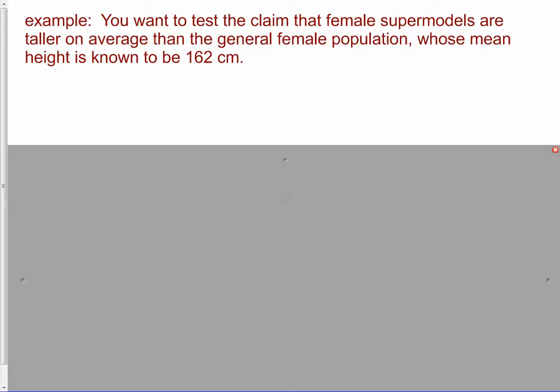Right, so the null hypothesis would be that the mean for supermodels, so mu here is the mean for supermodel heights, is 162. And the alternative hypothesis is that it's more, right? And maybe we suspect that it is the latter. But remember, your null hypothesis is always the one with equals.